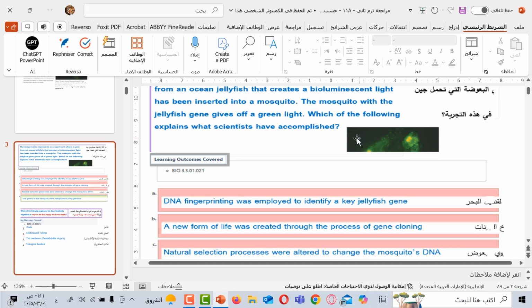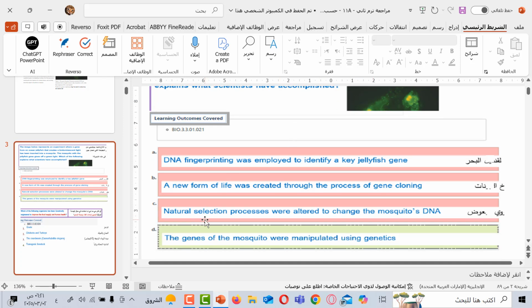As we know, this is genetic engineering. The genes of the mosquitoes were manipulated using genetics. In the definition of genetic engineering, we say four words. Number 1, manipulate.